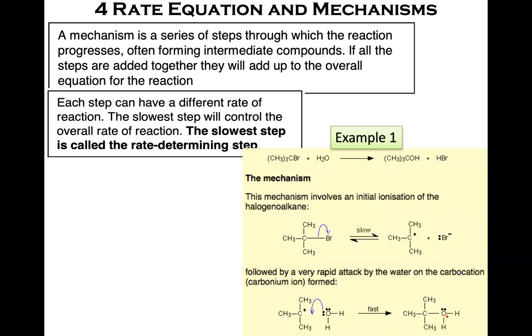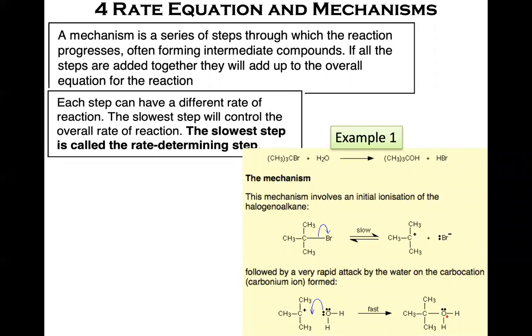You cannot see it, because an electron is very, very small, and you cannot see the movement of electrons from one species to another. So all these mechanisms have been created based on theory by the chemists.